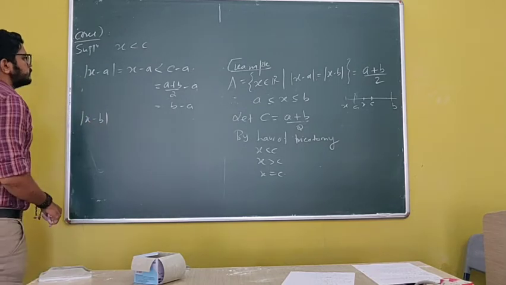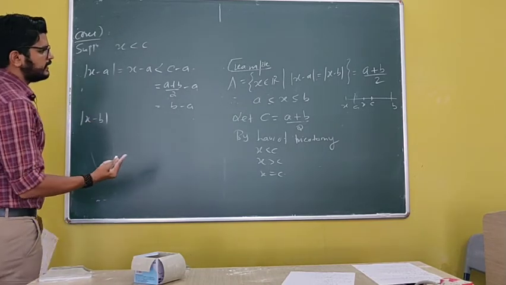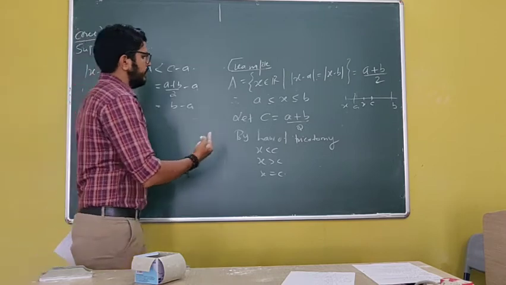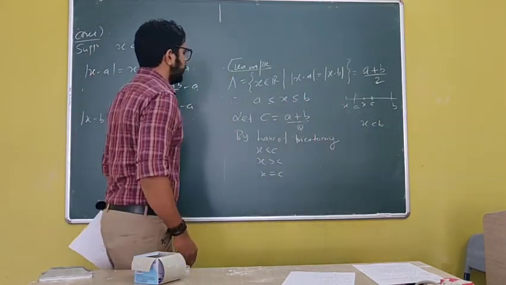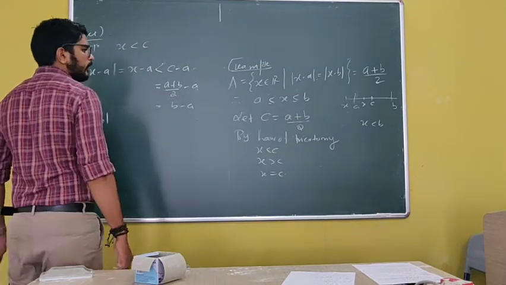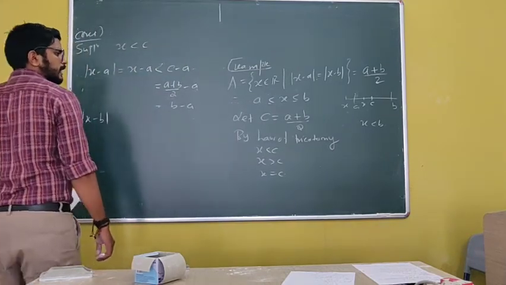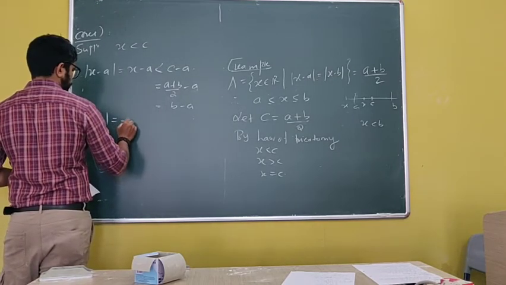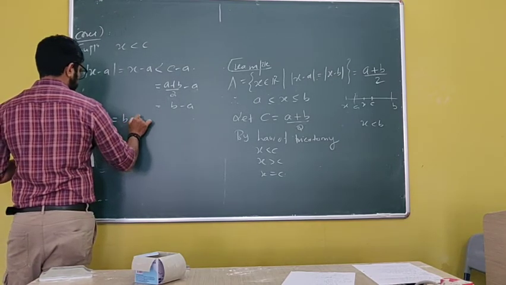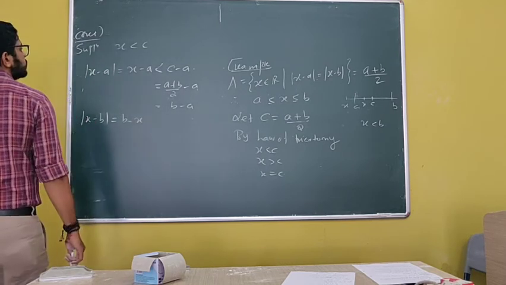Look at this, x minus b. Again, x is here, so x is less than b. So x minus b would be negative. This would imply that modulus of x minus b is minus of x minus b, or I can write directly as b minus x.